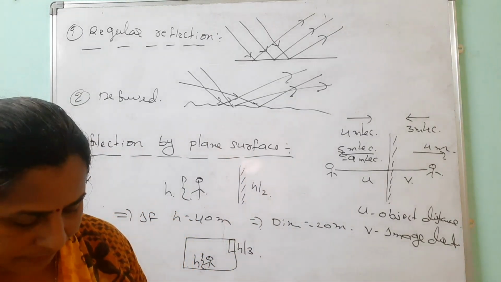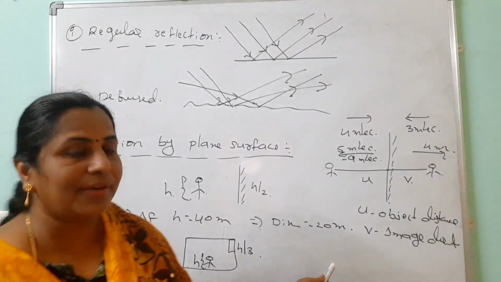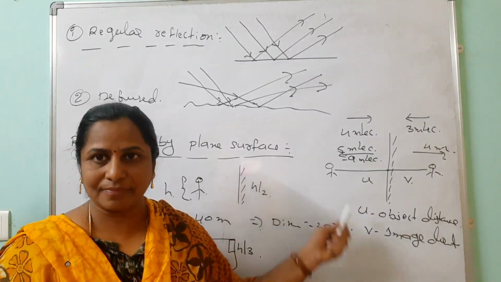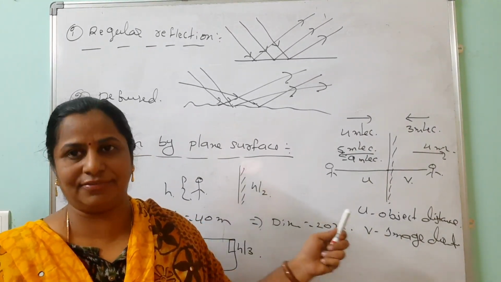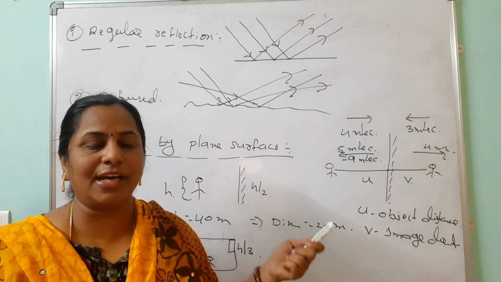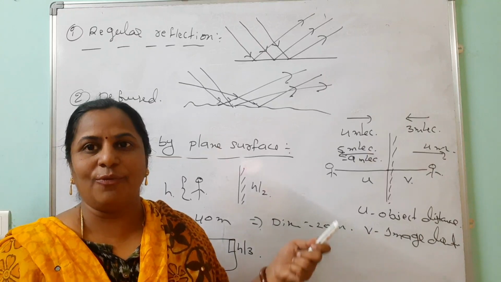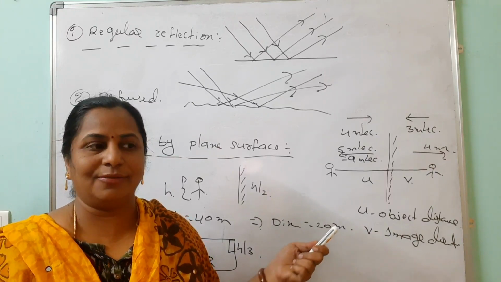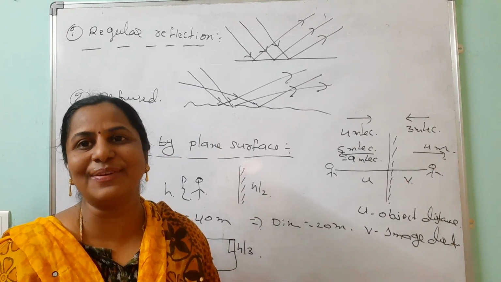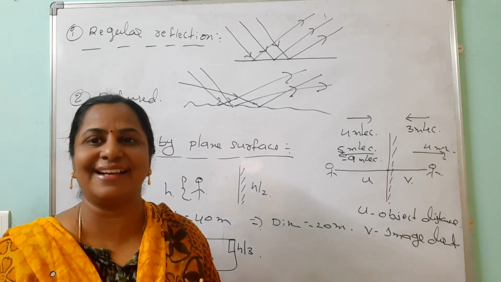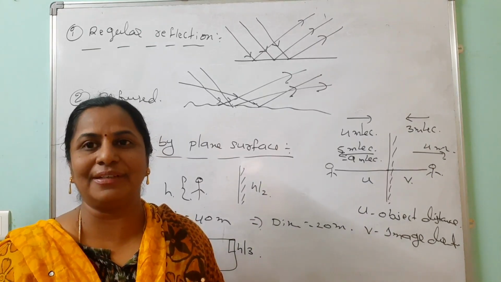Then our next concept: till now we discussed a single mirror, these are the different cases. Suppose we know that these days we are using special effects. One person is there and we can see that person looking like 10 images, 10 persons. So how is it possible?